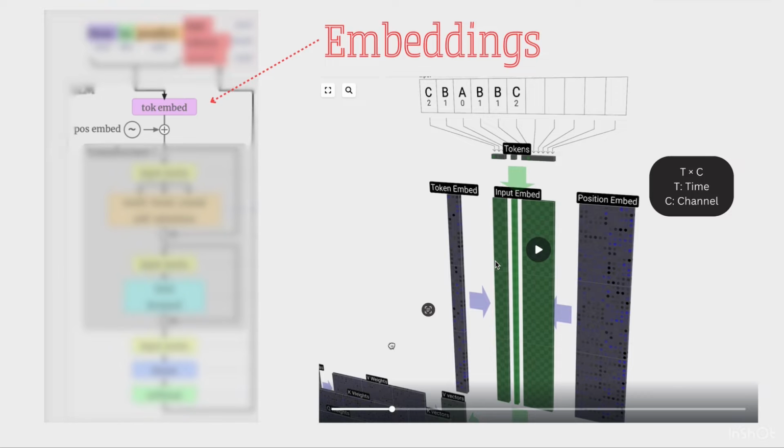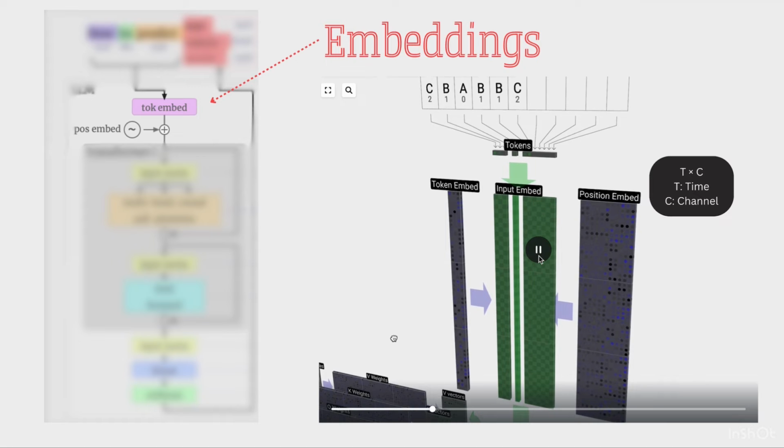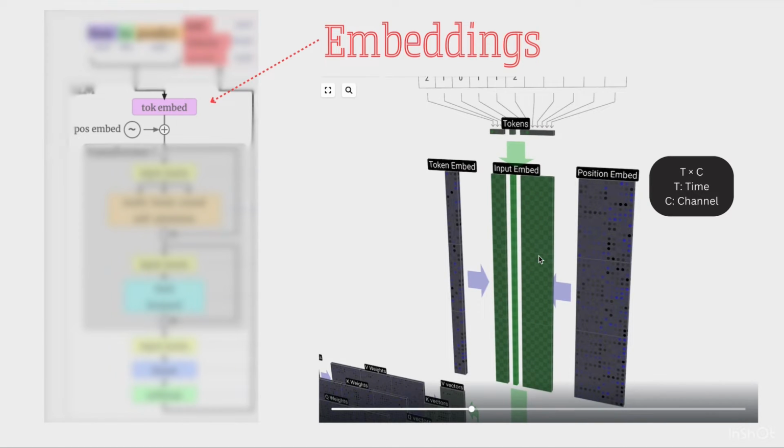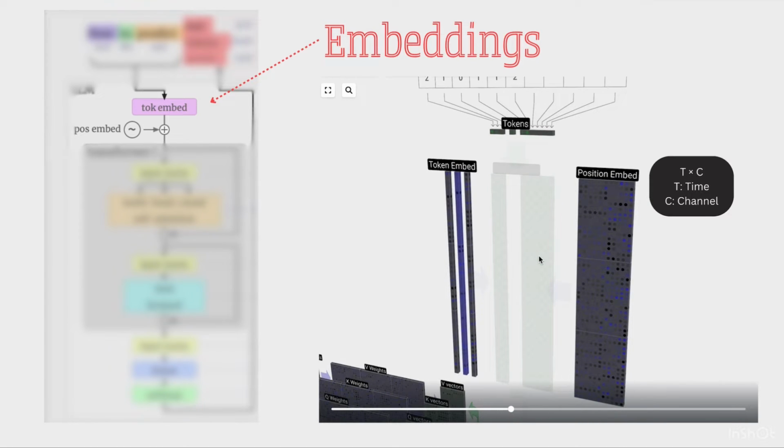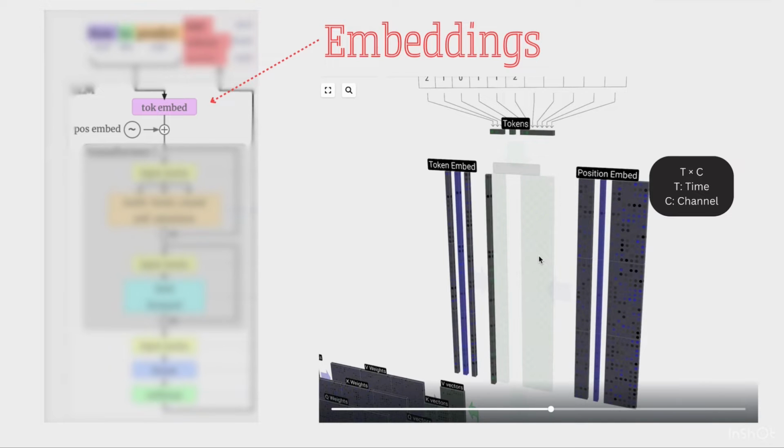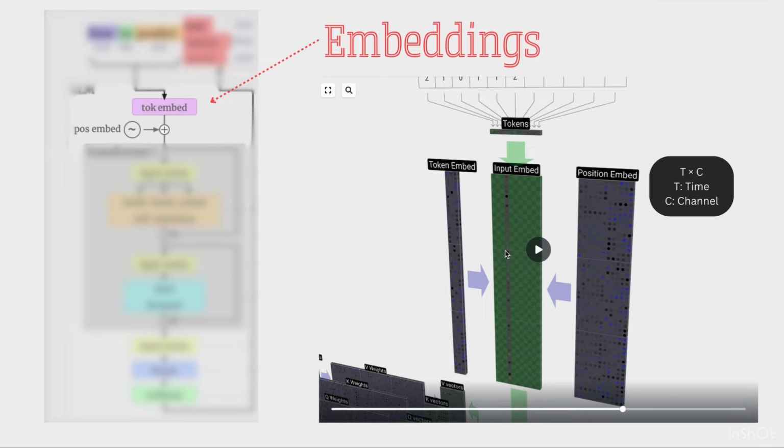Now we have these two column vectors, and we simply add them together to produce another column vector. So the process goes like this: taking the token embedding and the position embedding, and then adding them up, ending up with the input embedding that we will use later for the model.